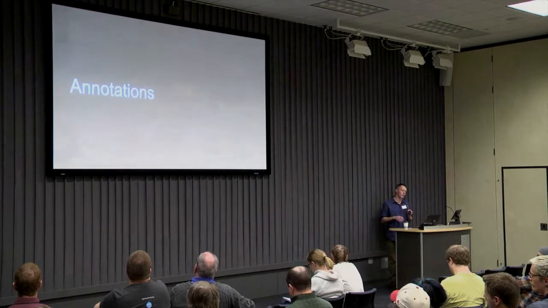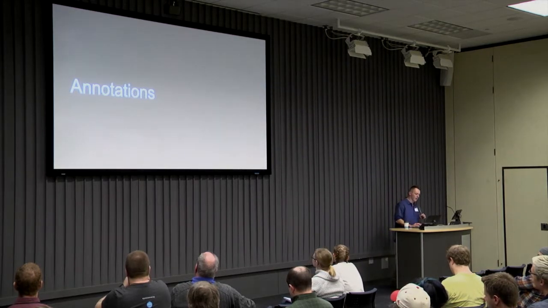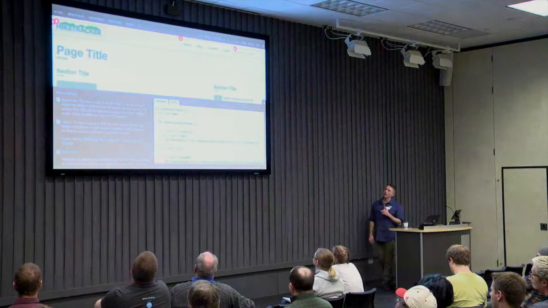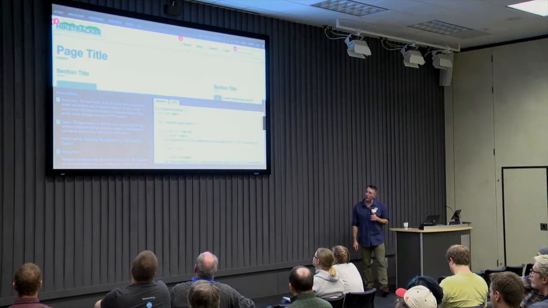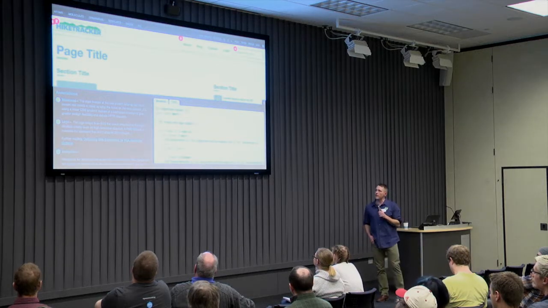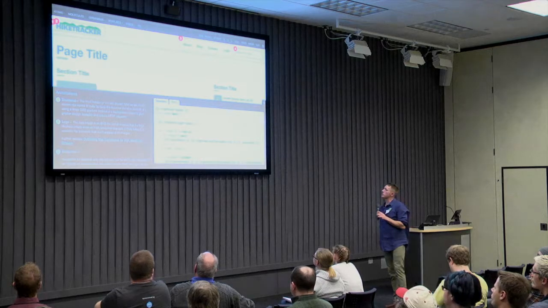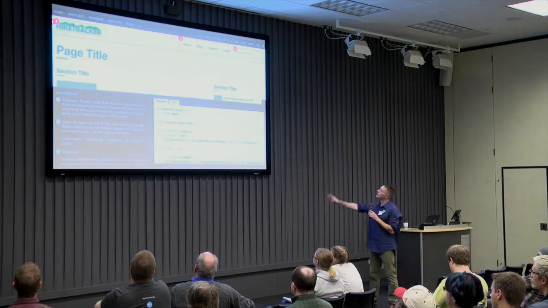So let's dive into a little more advanced concept in Pattern Lab, and that's its ability to annotate patterns. Right out of the box, Pattern Lab has annotations built in. Basically you use selectors to highlight certain sections of the UI.